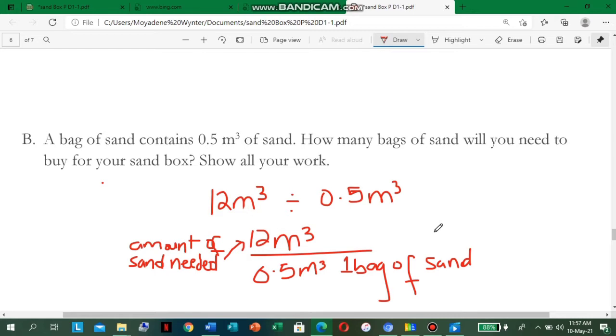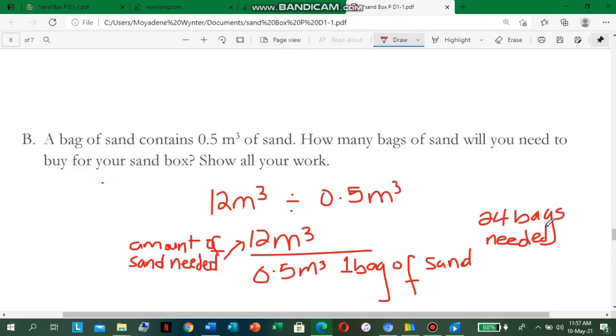we would get 24. When you divide it, you're going to get 24 bags. So therefore, 24 bags are needed for the sandbox.